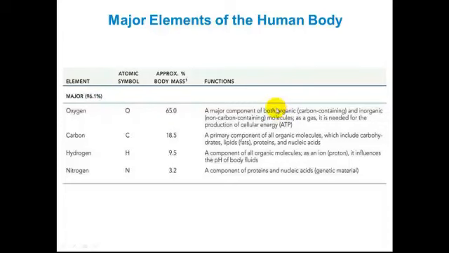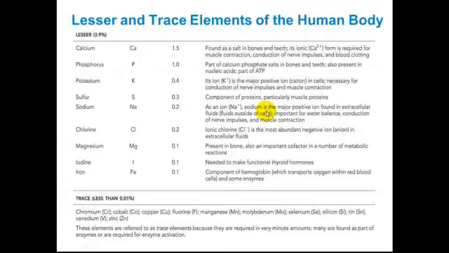In addition to these major elements, which you must know both the name of and the symbol for, as well as some examples, we also have what are called lesser and trace elements. These lesser and trace elements are also important, but they are in a much smaller overall proportion of our mass.